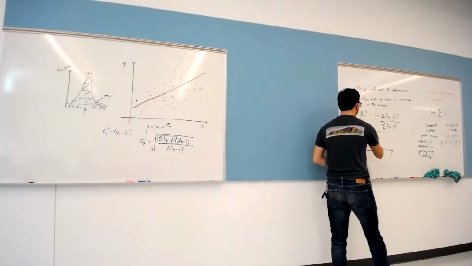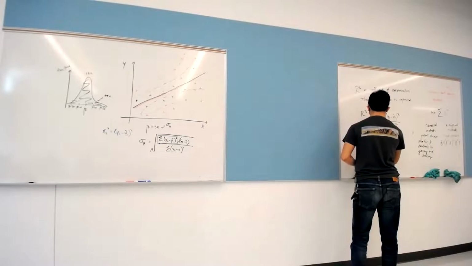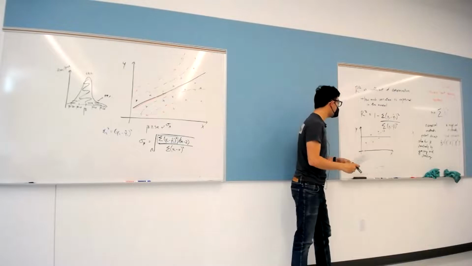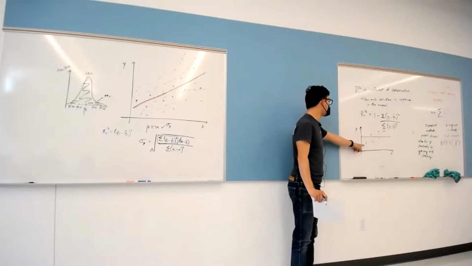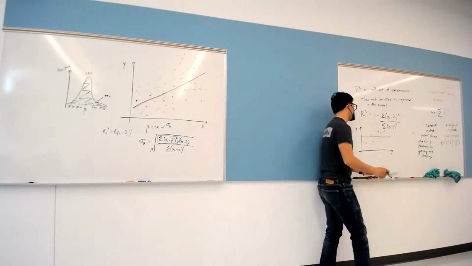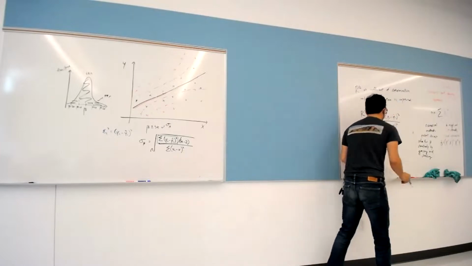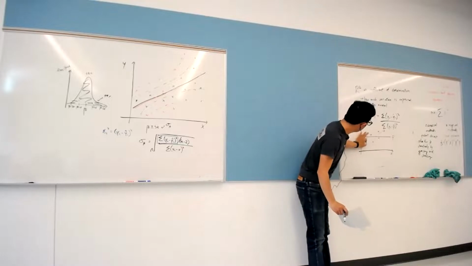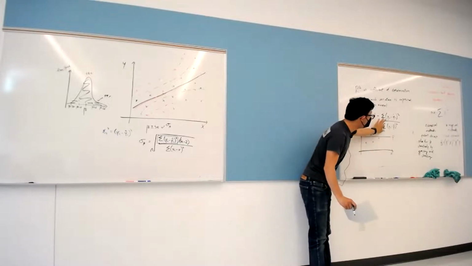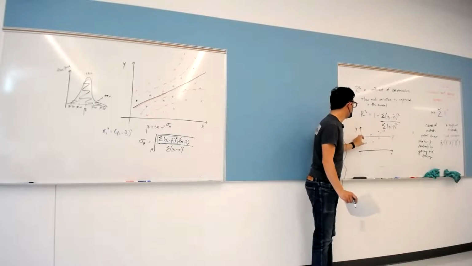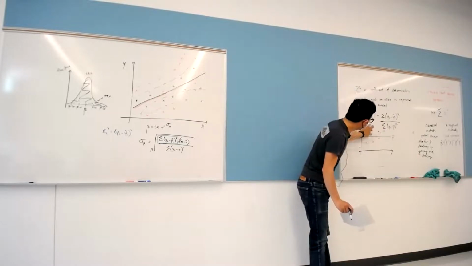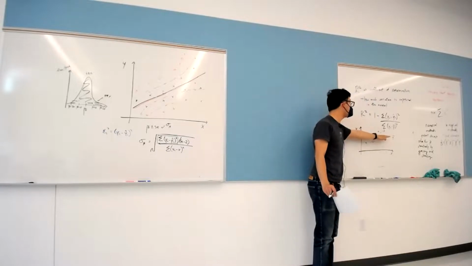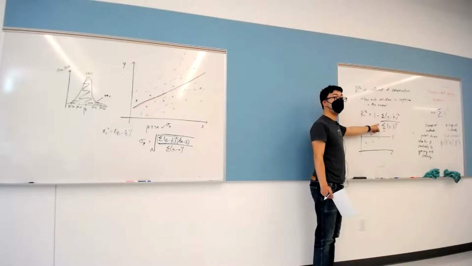How does that compare to if I just took the average of all the y's? If you just average your y, that's this flat line. In the dotted line, you take the distances and sum them up squared. Then you can do the same thing against the average of y, and you compare them.